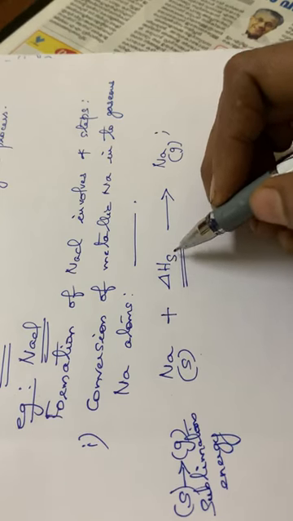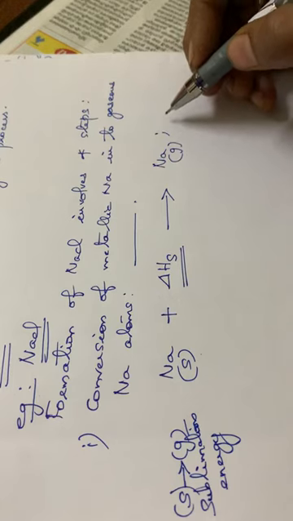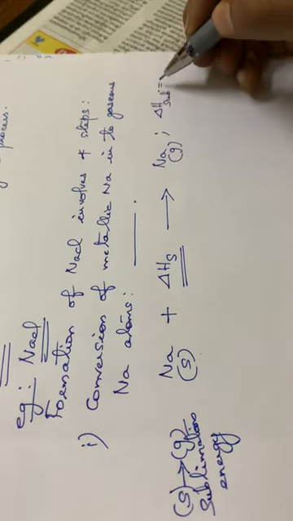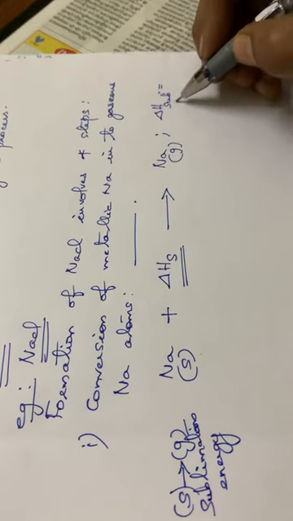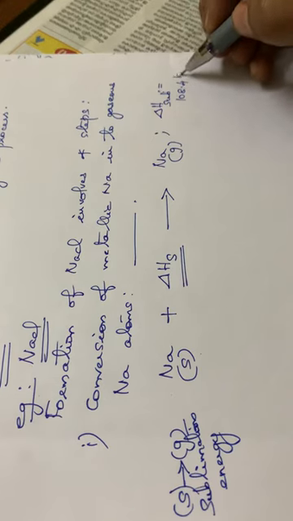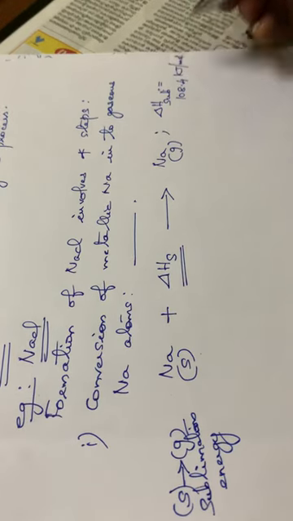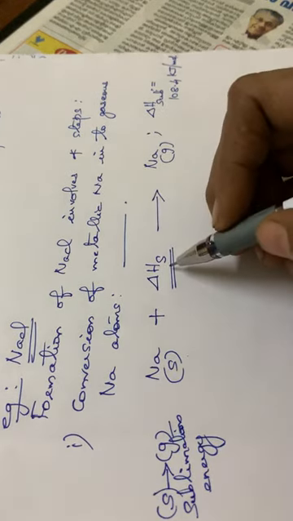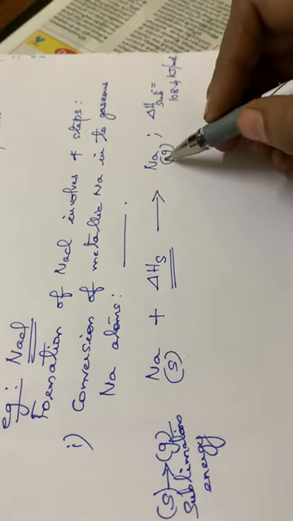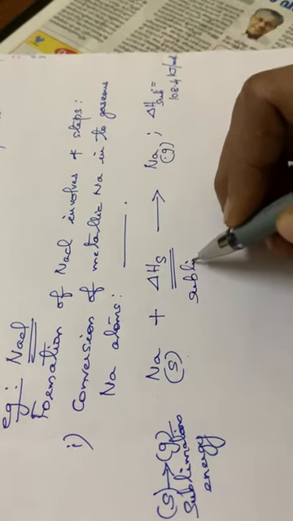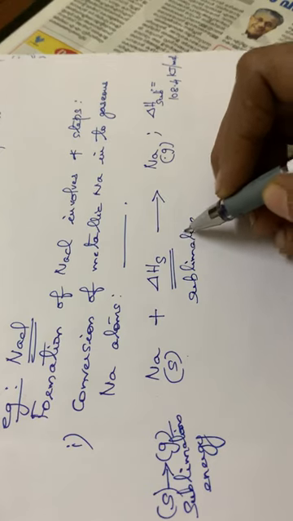The energy used here is equal to 108.4 kilojoule per mole. The amount of energy required to convert 1 mole of metallic sodium to gaseous sodium atom is called the sublimation energy. So in the first step, the sublimation energy is involved.